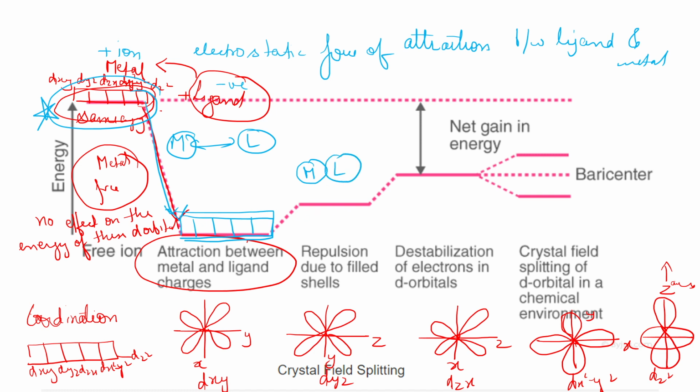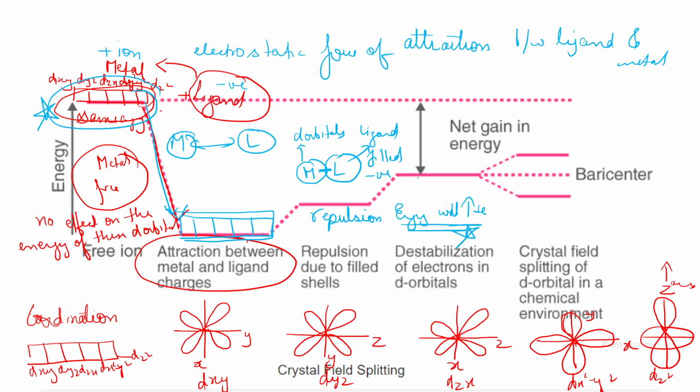What will happen? There will be repulsion. The metal has d orbitals, and the ligand has a filled orbital. The ligand has a negative charge, so these will repel. When repulsion occurs, the energy will increase.